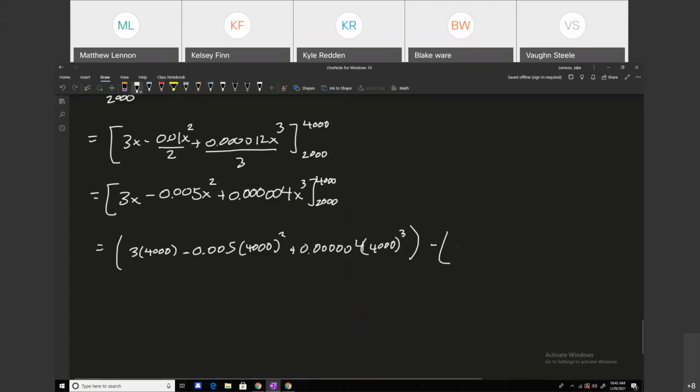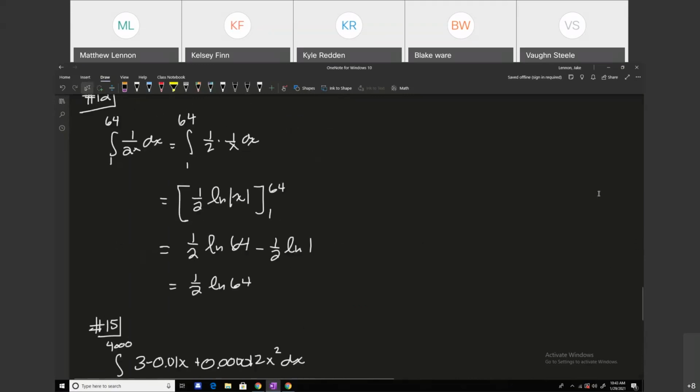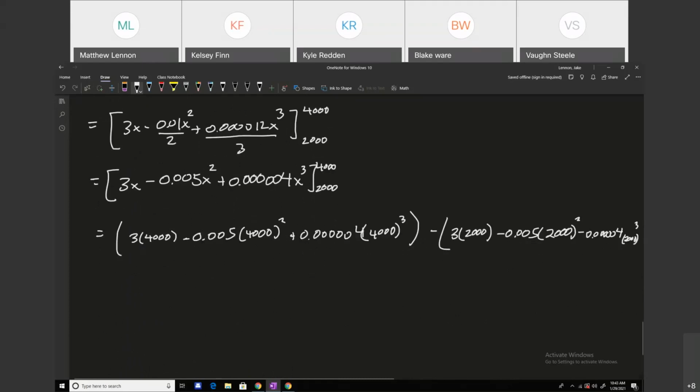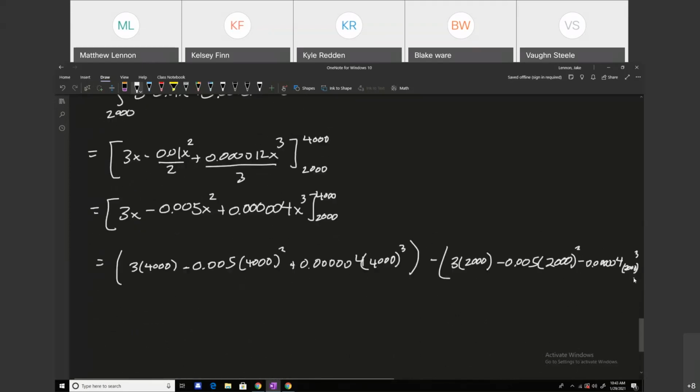Then we need to subtract this guy: 3 times 2,000 minus 0.005 times 2,000 squared plus the small number times 2,000 cubed. Right on the edge of the page. All right, that's as close as we can get. So let's plug each of these into the calculator and see how we do. I'll do each number separately.